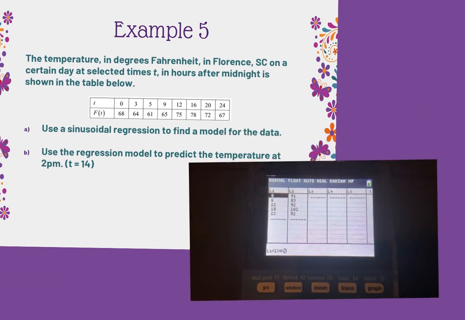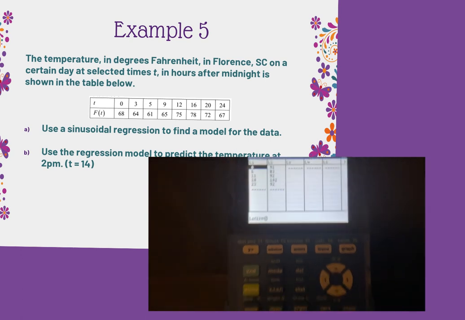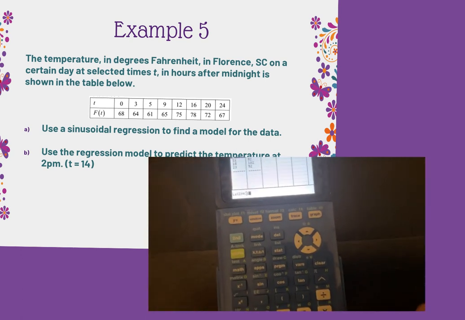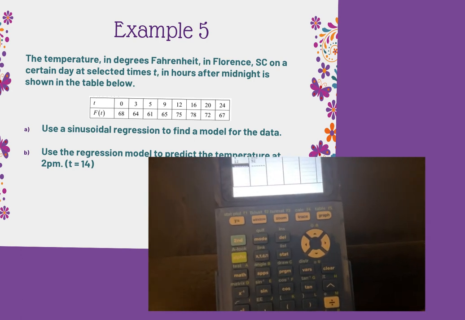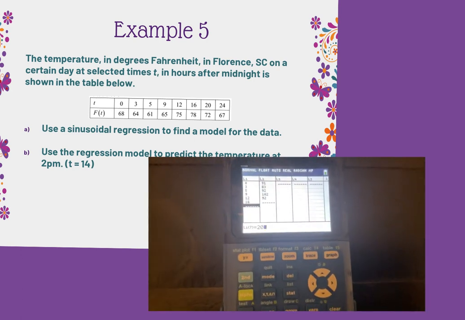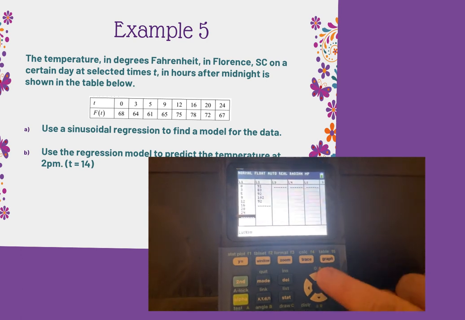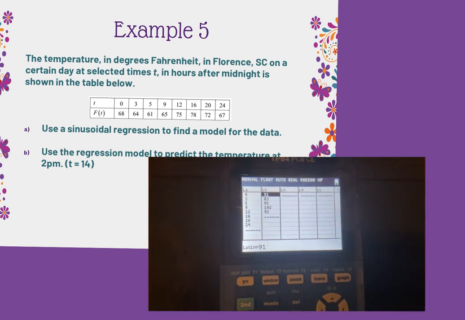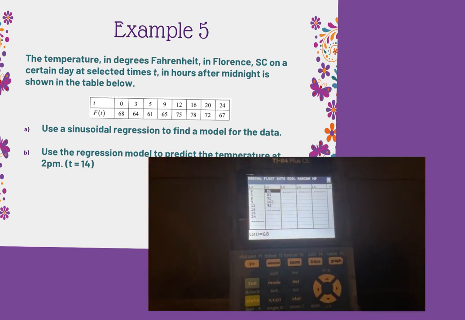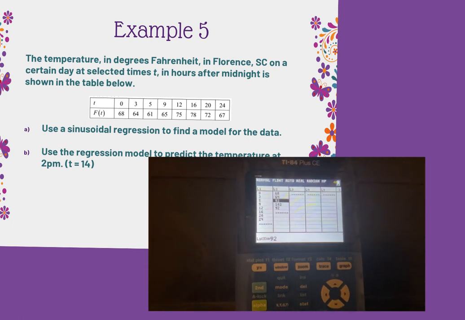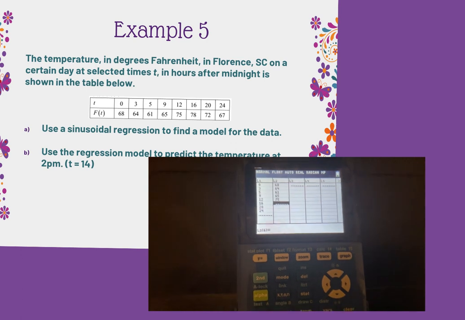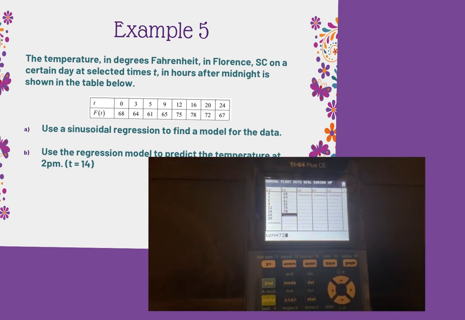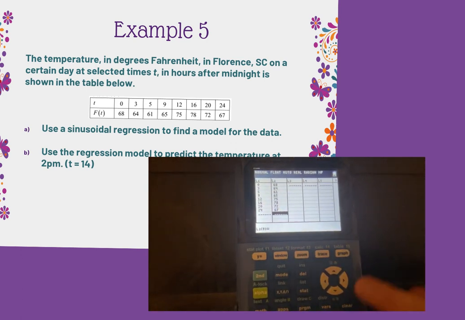Okay, so I'm going to come in here. I'm going to enter my data 0, 3, 5, 9, 12, 16, 20, 24. And then I go to my Y values, 68, 64, 61, 65, 75, 78, 72, and 67.